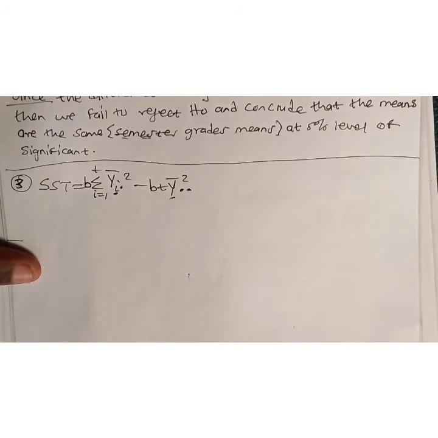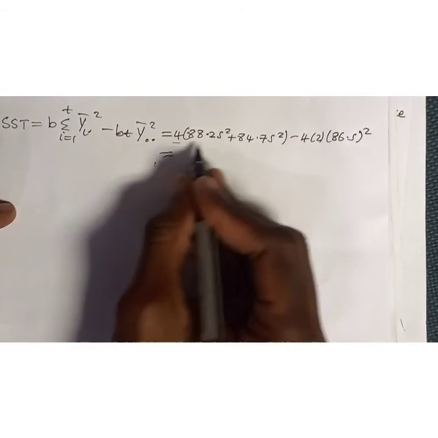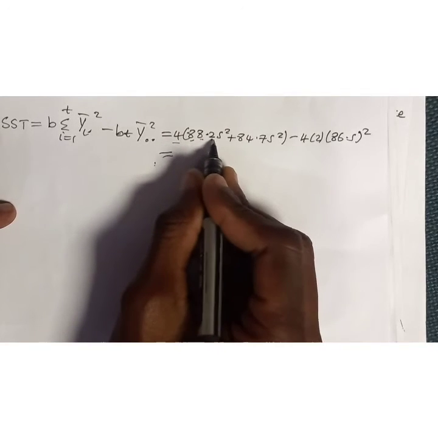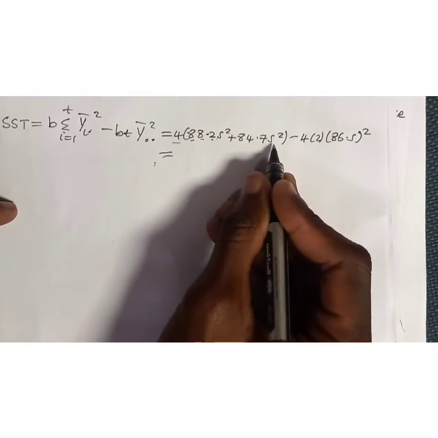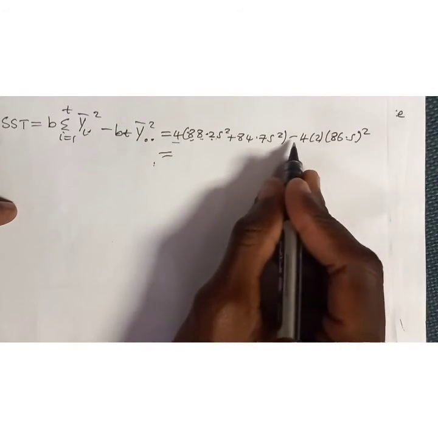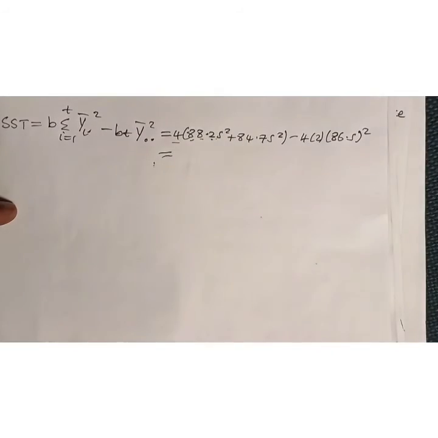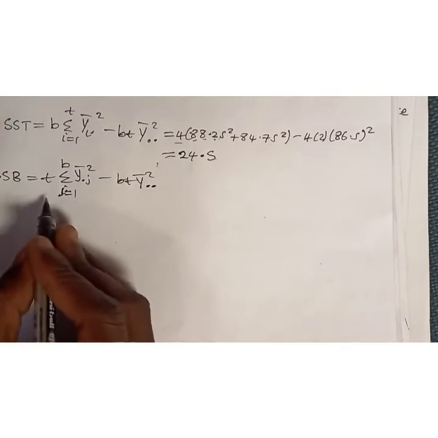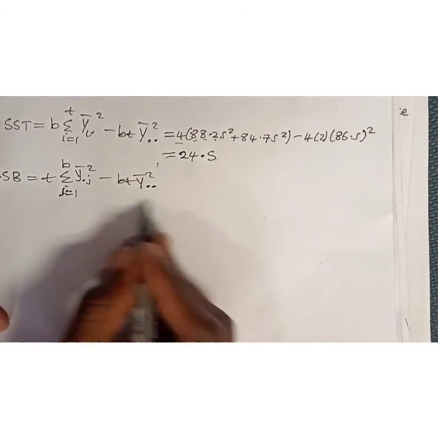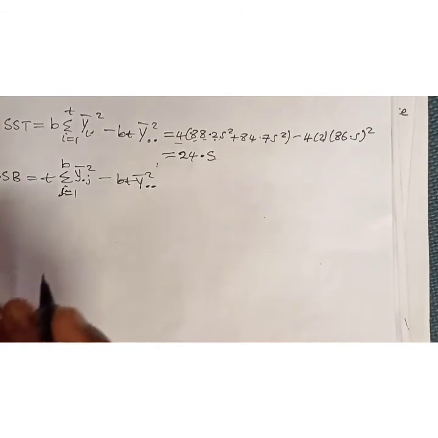So we substitute, which is given by 4 into 88.25 square plus 84.75 square, then minus 4 times 2, and I get my answer as 24.5. And SS block is given by, so this is also the easiest formula using the means. It's not a long try.